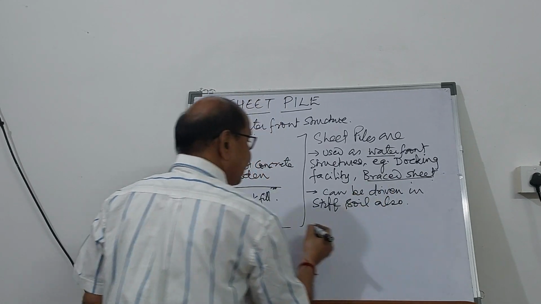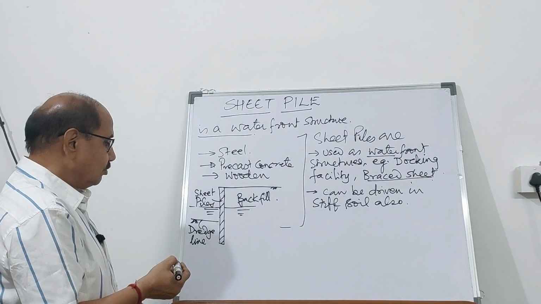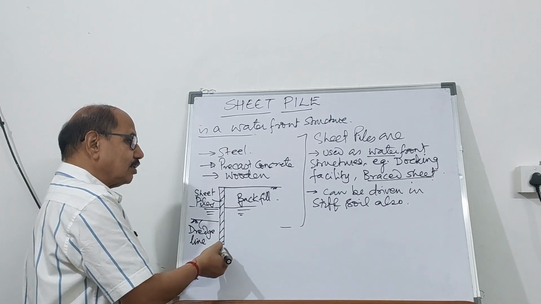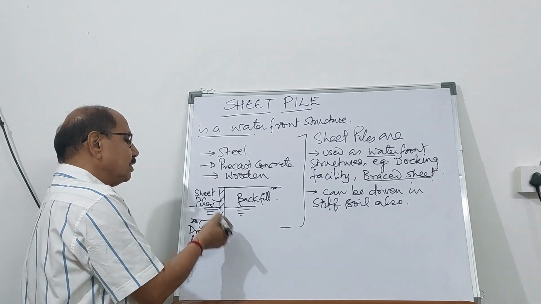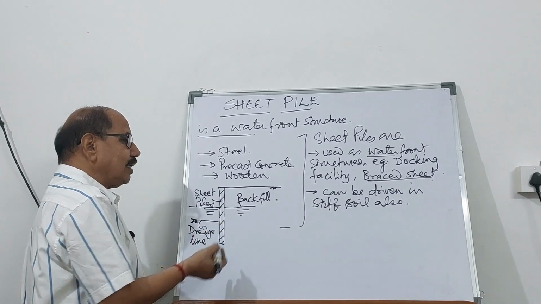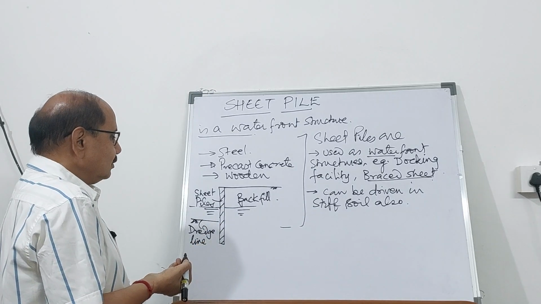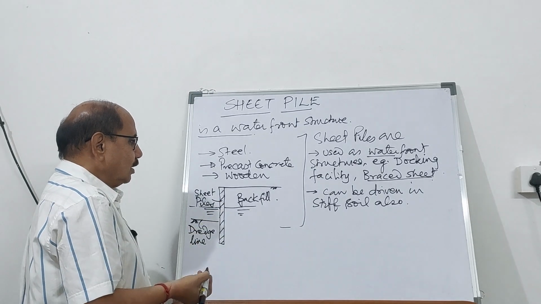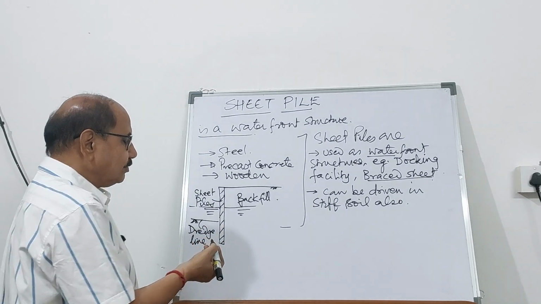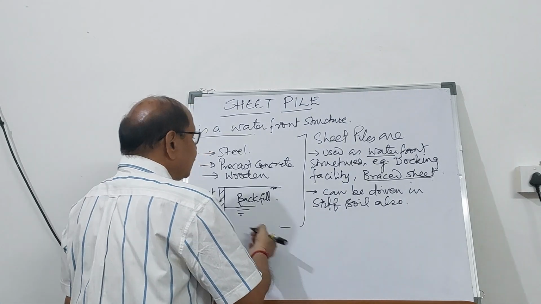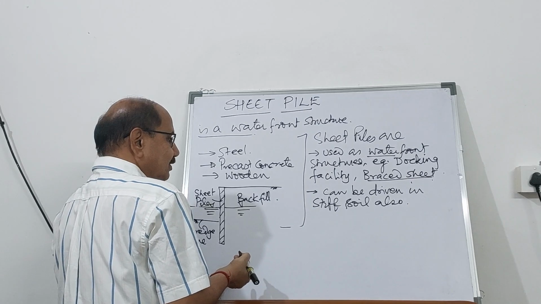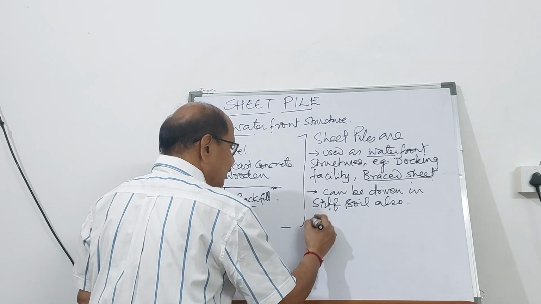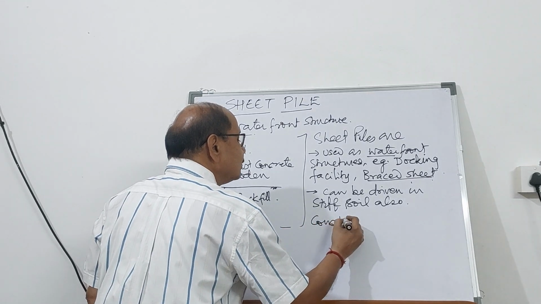Very hard soil, you can drive it because the driving stresses are going to be quite high, and therefore in soft soil, and if you want to have a particular dredging, the construction practice is like this.